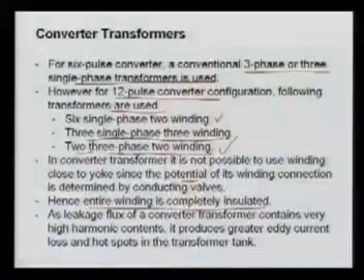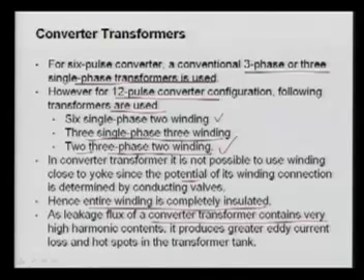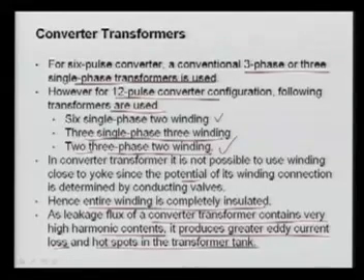As the leakage flux of a converter transformer contains very high harmonic content, it produces great eddy current loss and hot spots in the transformer tank. Because there is a huge leakage flux, as I said, the voltage is sometimes very high, and there are also sudden DC fluxes. It is not smooth.